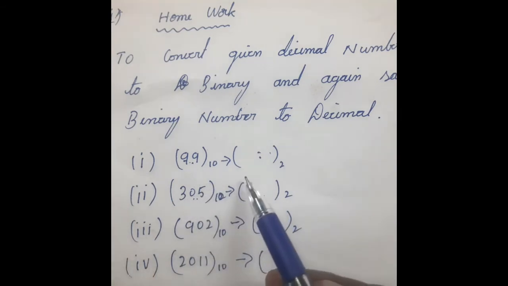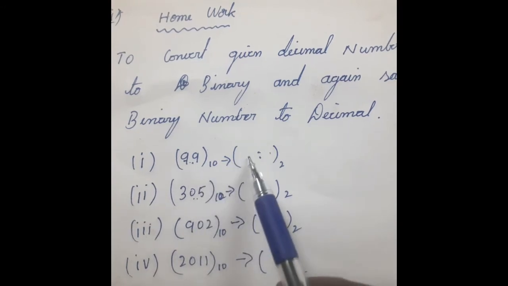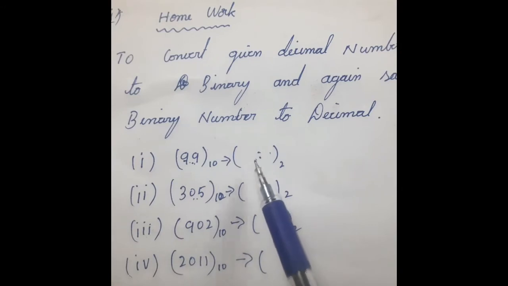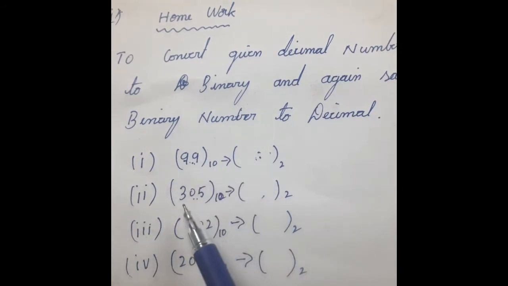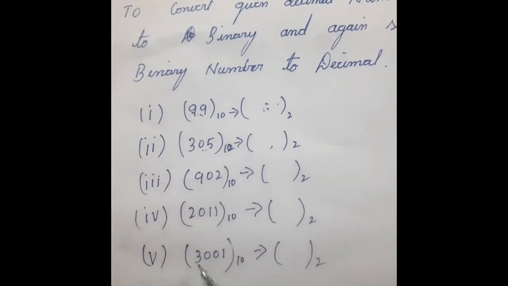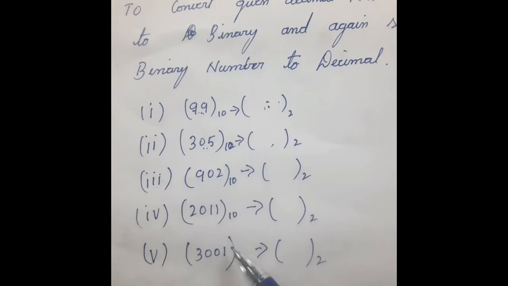So you confirm the answers with these conversions: decimal to binary and again binary to decimal. You should get 99, 305, 902, 2011, 3001.